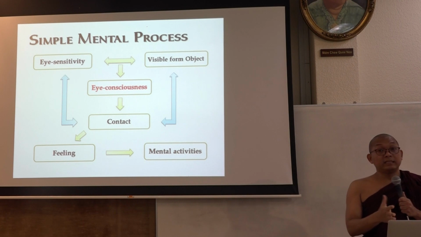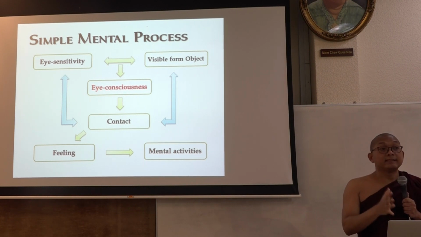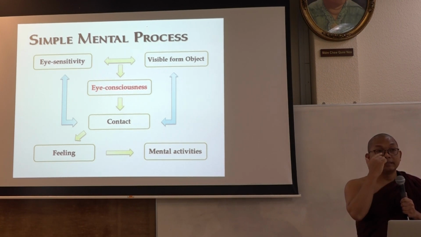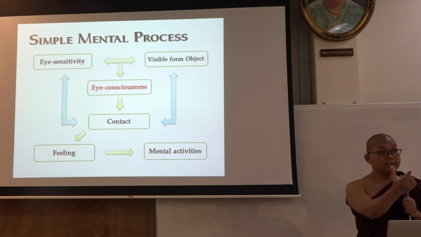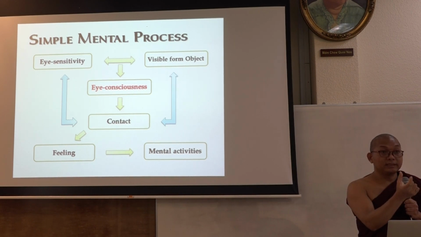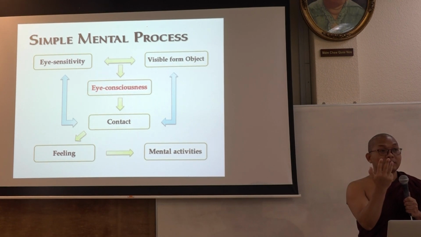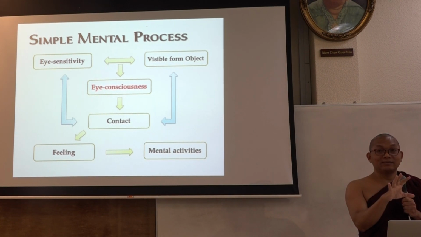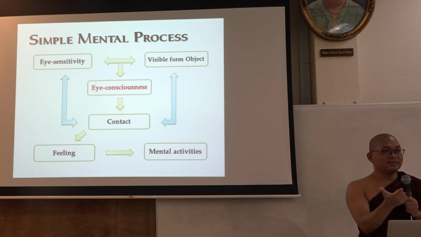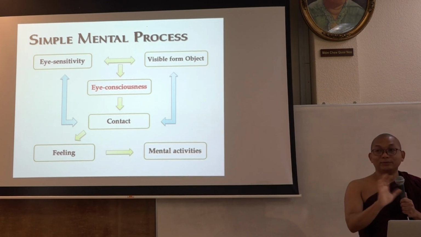So therefore, feeling is not an emotional one. Feeling is just sensation. Because of contact between the eye and the object, pleasant sensation, unpleasant sensation, or neutral sensation arises. Three types of sensation. But at that level, no lobha, no dosa yet, no other root yet.